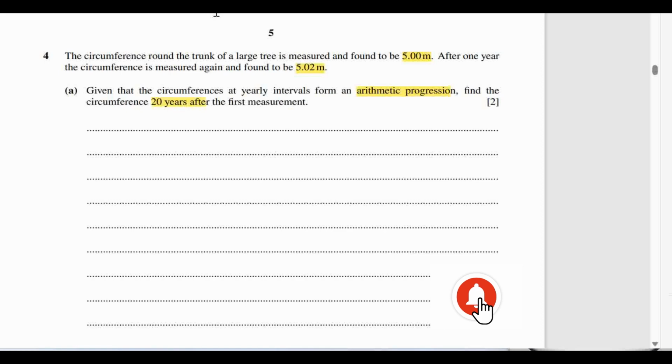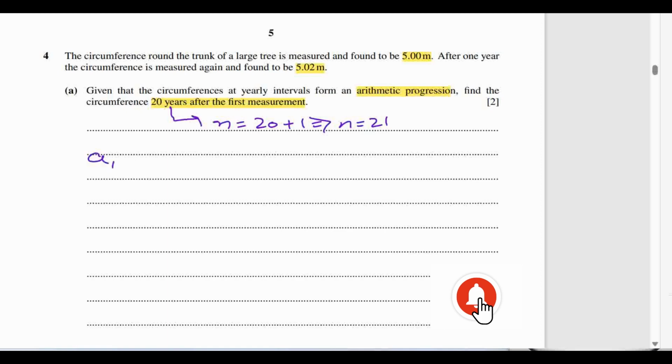Now what does this statement mean? This statement means that the value of n will be equal to 20 plus 1, which means n will be equal to 21. Now let's write the data first of all.